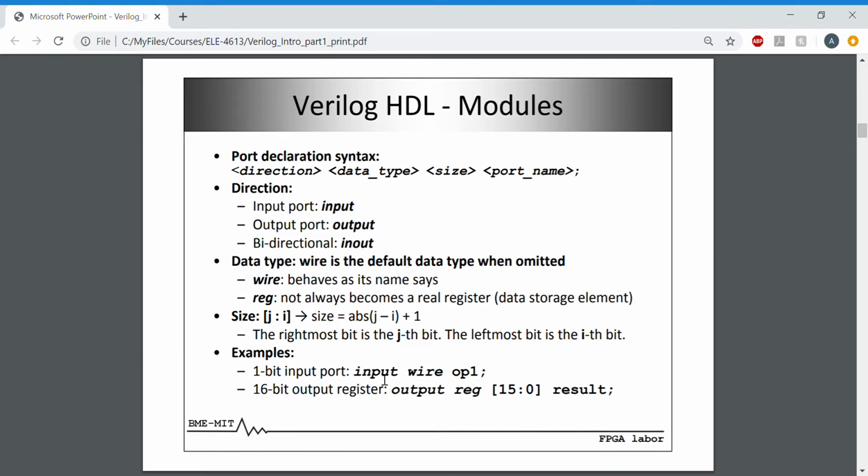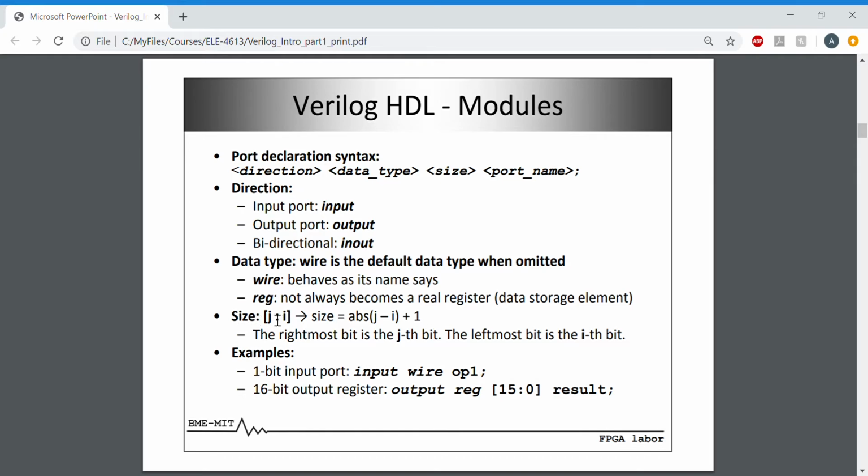So you can see input wire OP1, but wire is omitted always. And output reg. Sometimes you do output directly, which means it is a wire, or output reg, which is a register. And a register is not necessarily going to be generated as a flip-flop. As we learned last time, the synthesizer will decide depending on the way you describe it.